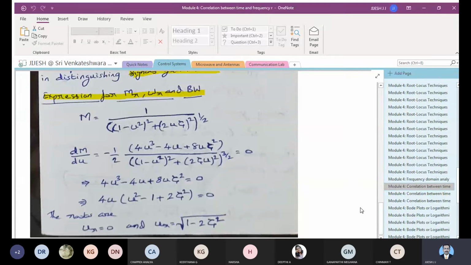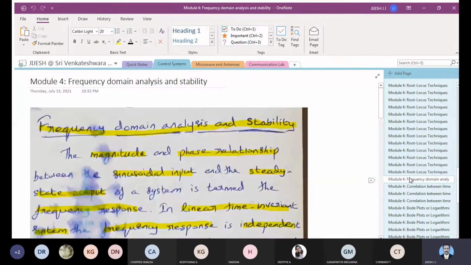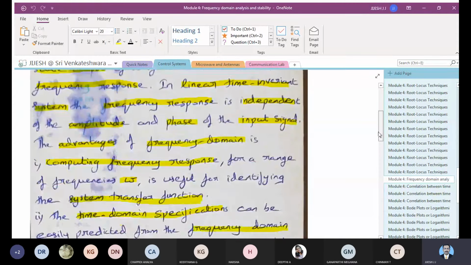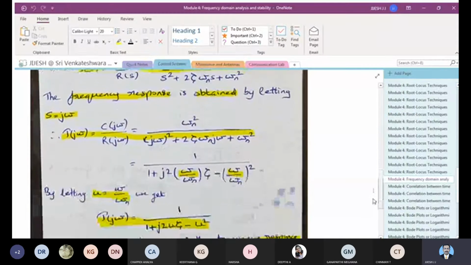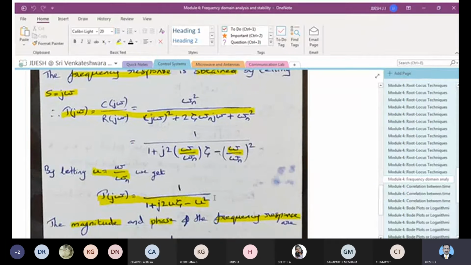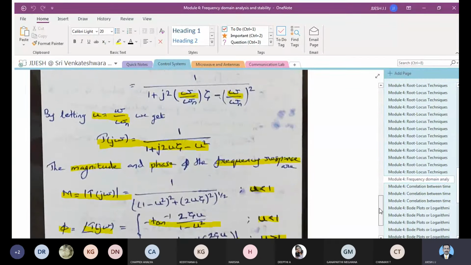First, to start with the equation for M, in the previous class we understood the equation for T of j omega. Then M is 1 by the root of 1 minus u square whole square plus 2u zeta whole square.